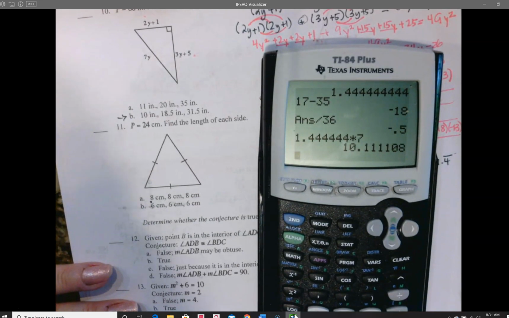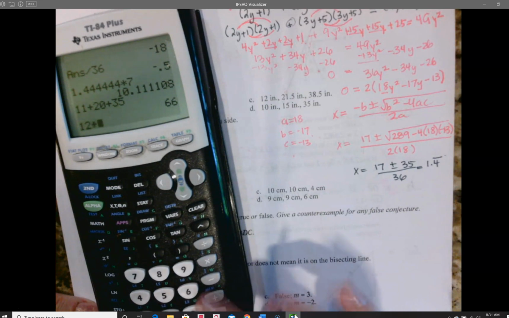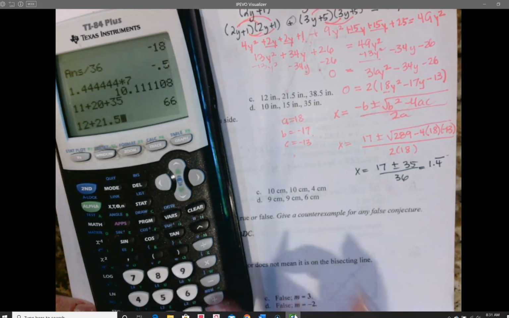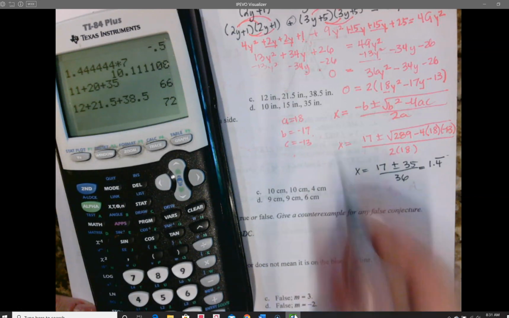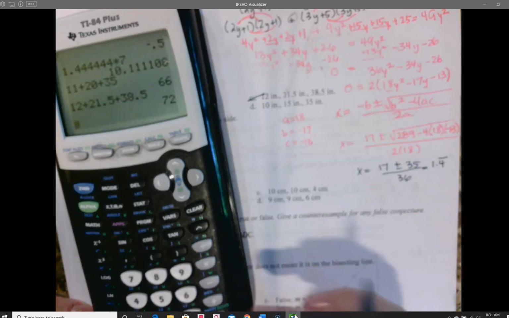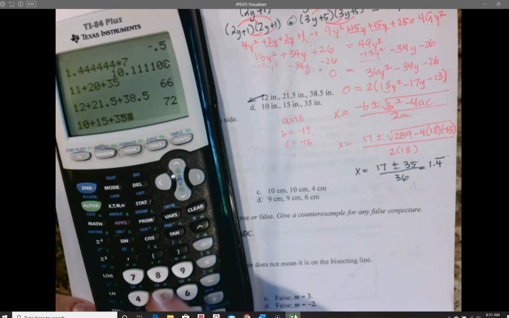So if I look at choice A, I've got 11 plus 20 plus 35, and that's 66. For C, I've got 12 plus 21.5 plus 38.5. That's 72. D is 10 plus 15 plus 35.